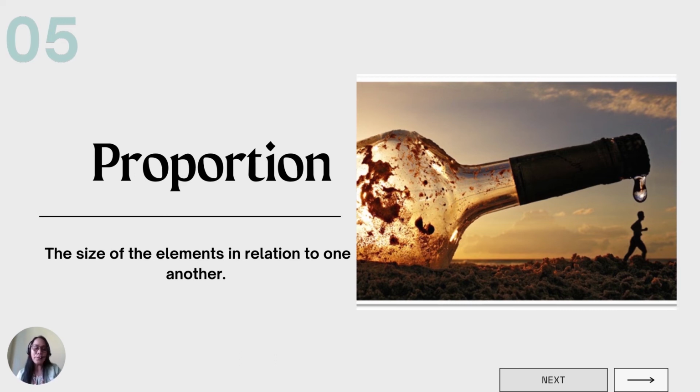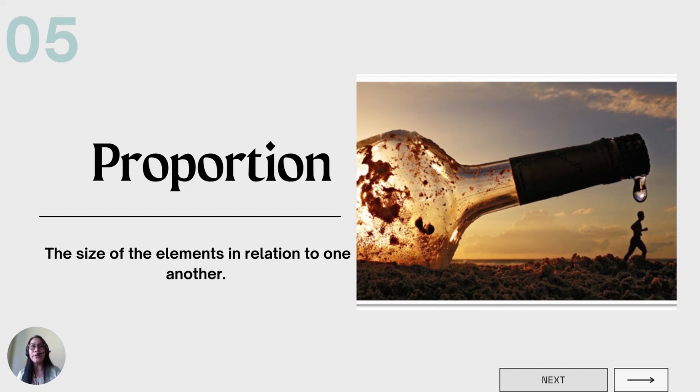A human cannot live without water, so there is a need for a human to drink water. The bottle, the water, and the human are interrelated with one another. So there is a relationship between the objects that you have imparted within your layout.